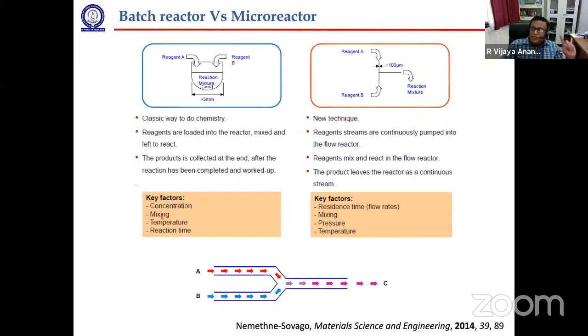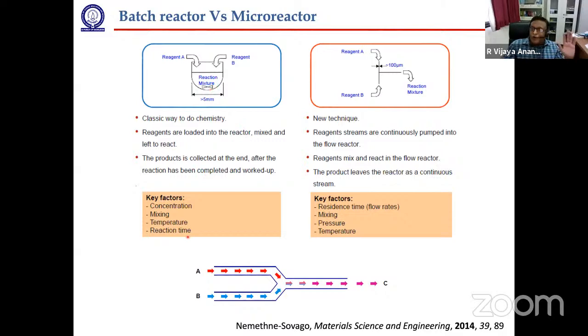And the mixing should be proper. To maintain the concentration and the temperature is a very important thing in the batch process, because the temperature will not be uniform. At the edge or at the surface the temperature may be very high, and in the bulk here the temperature may be very low. So you have to have a proper balance here. This is very important to consider.